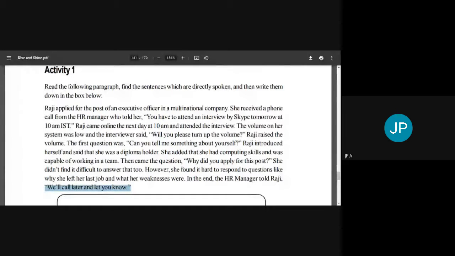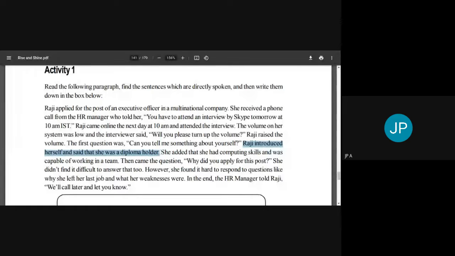If you look at the responses of the candidate who participated, so this is an interview. This is obviously an interview, an online interview. If you look at the responses of the candidate, the candidate's name is Raji here. All those responses are not given in quotations.